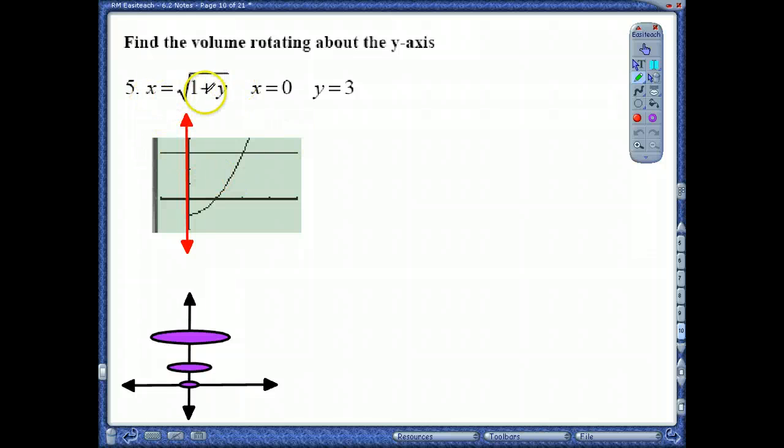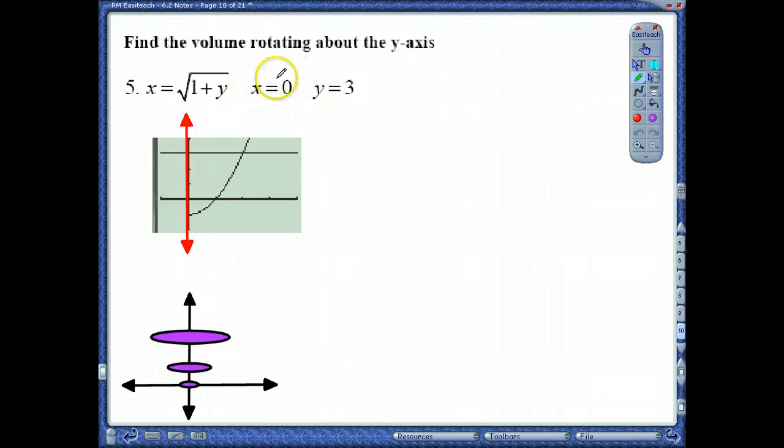So when I'm looking at this, I know it's going to be a half parabola, and I know I can find those intercepts. So if I put 0 in for x, I know that my y is going to be down here at -1. If I put 0 in for y, I know my x-intercept is going to be at 1. So I know my parabola comes up like this.